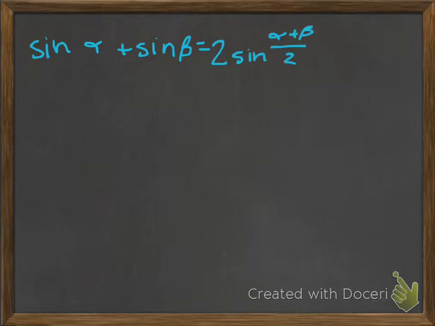So the first one is sine alpha plus sine beta, and this is equal to 2 sine of alpha plus beta over 2 cosine of alpha minus beta over 2.